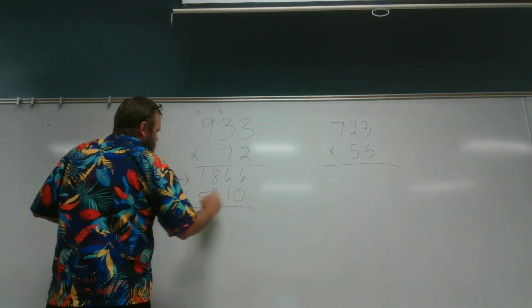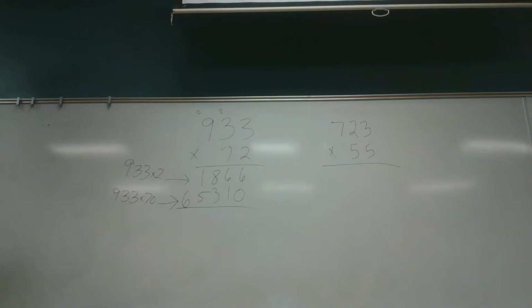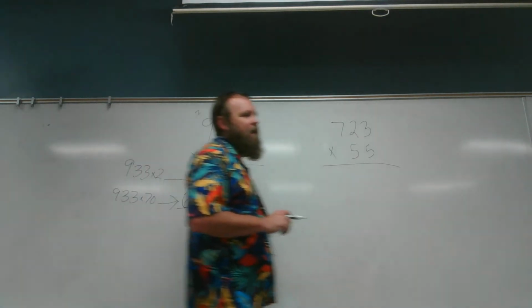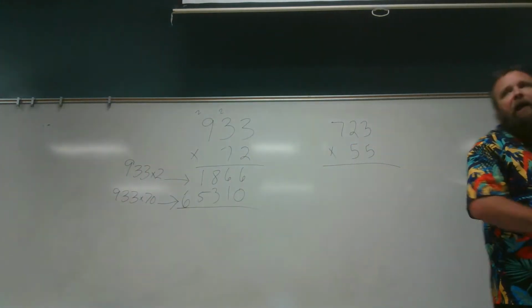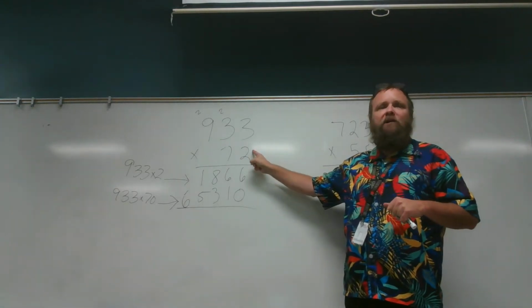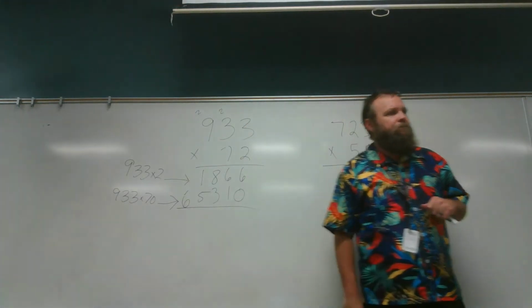So I have 65,310 as my product of 933 and 70. This is my product of 933 and 70. Every single time I multiplied 1 digit by 1 digit.